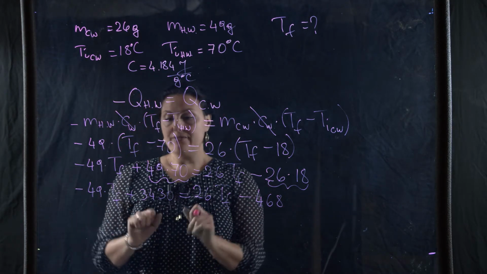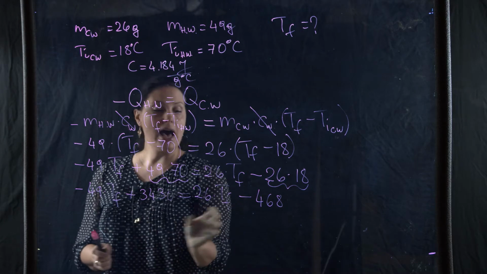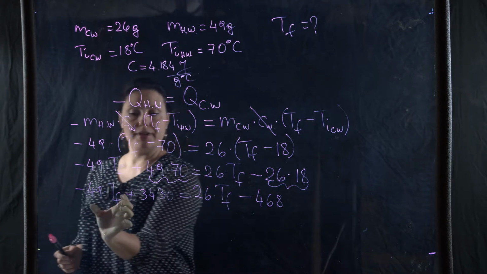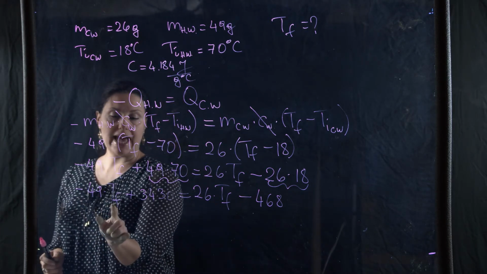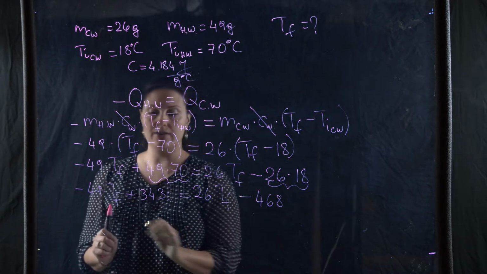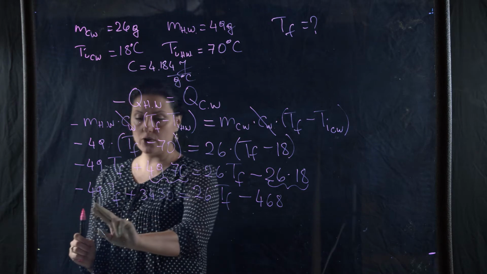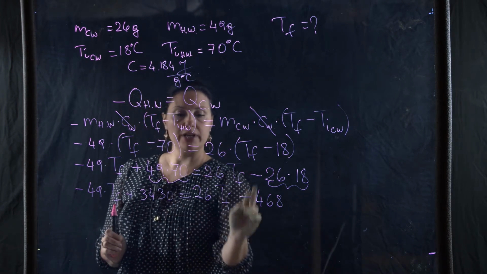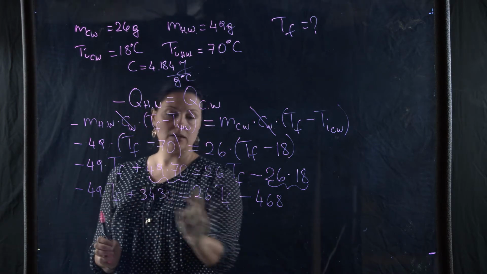Now that I have simplified everything, I can group the numbers that have T final together and those that do not have T final together. If I take this 49 T final and bring it across the equal sign, that will make it positive.